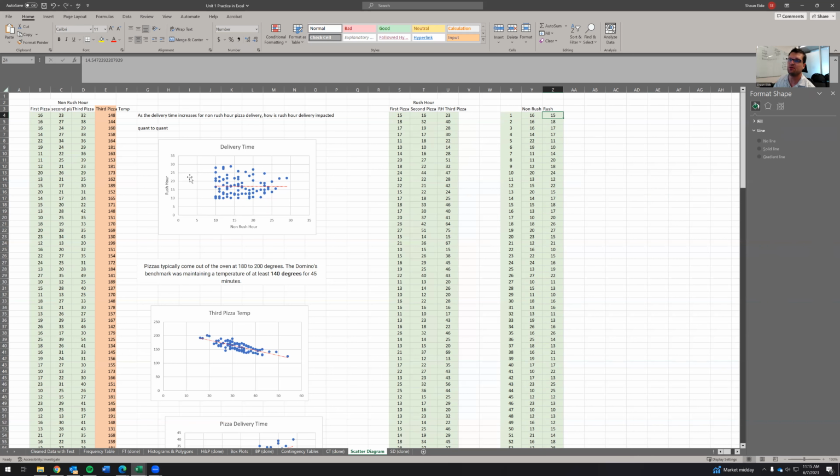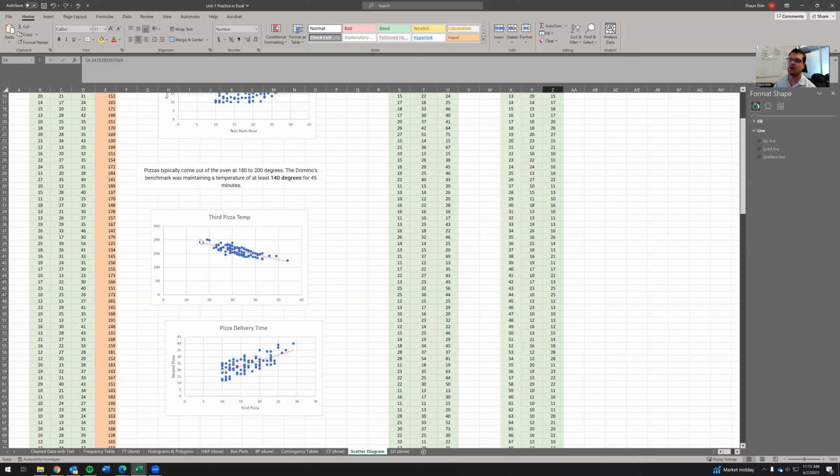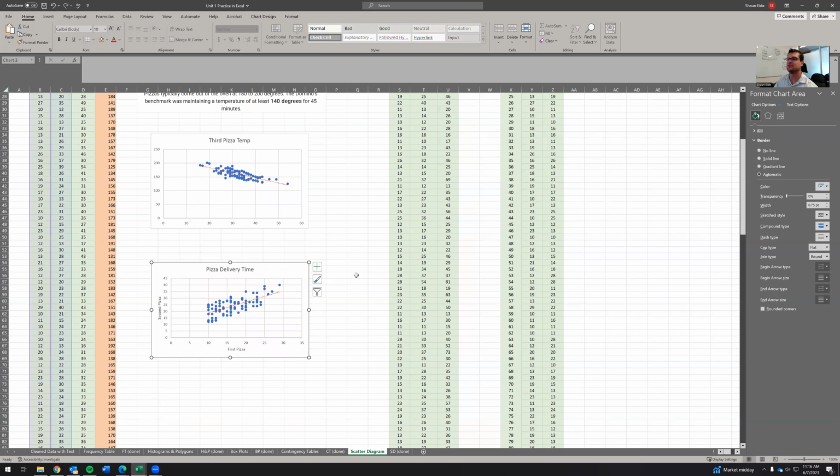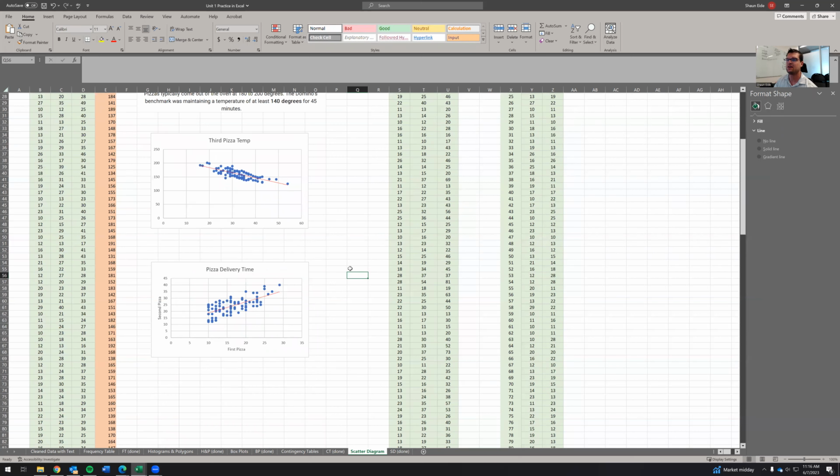And so this is what you would be looking at when it just goes straight across. That's uncorrelated or unrelated. This right here has a negative relationship because as one goes up, the other one goes down. And as one goes up, the other one goes up, that would have a positive relationship. And so that's how you do the three of these with scatter diagrams.